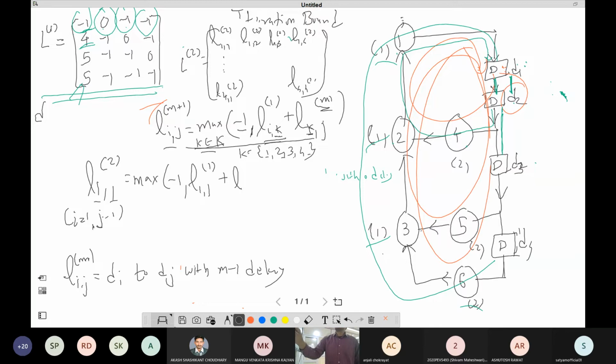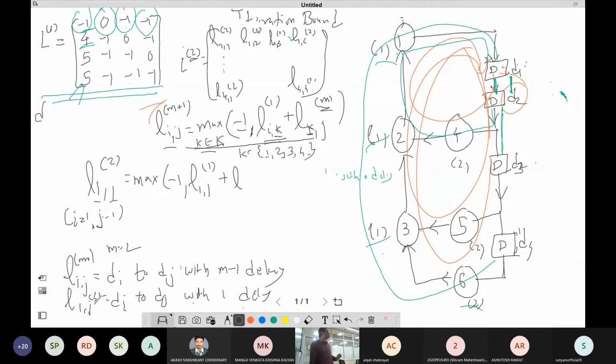So now if I put m is equal to 2 over here, because here we are talking about L of 2, that means L_ij of 2, so that means I need to go from Di to Dj where I have a 1 delay element, because I am putting m is equal to 2 over here.